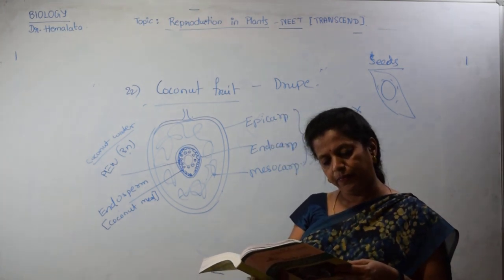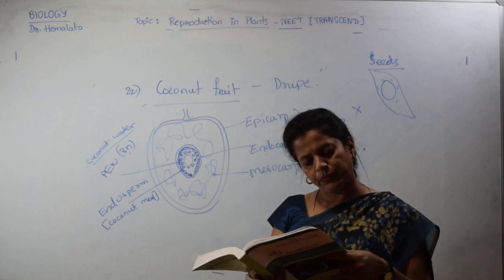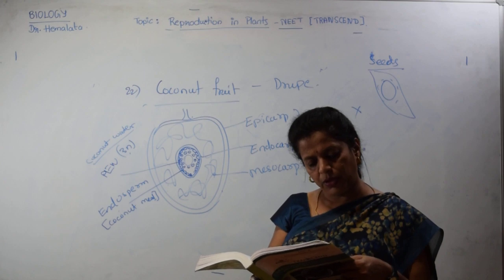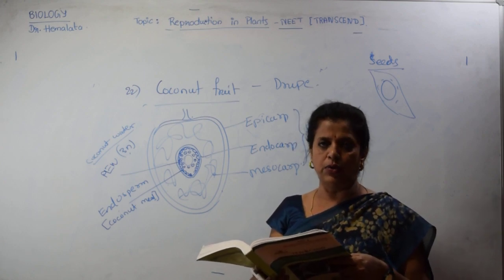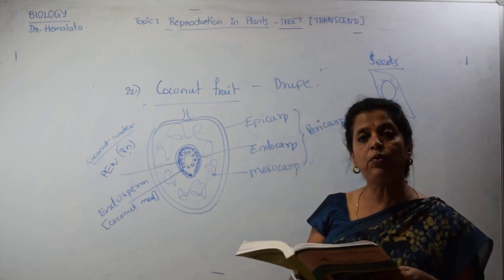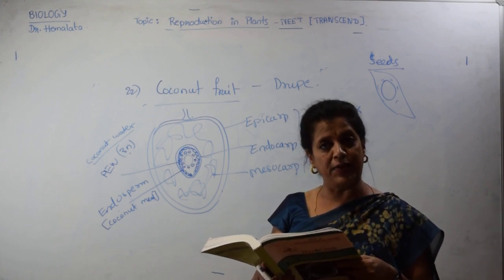So the question says that endosperm is completely consumed by the developing embryo in pea and groundnut. I just told you, pea will absorb totally. Therefore, when you open the fruit, the seeds are dry. They don't have a jelly-like covering on that.